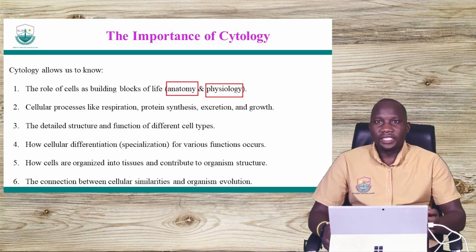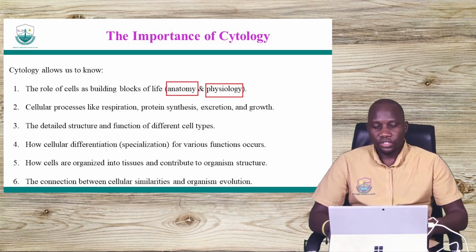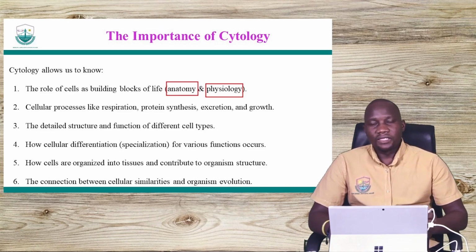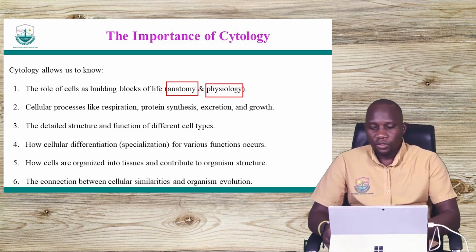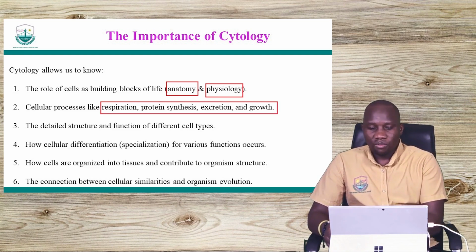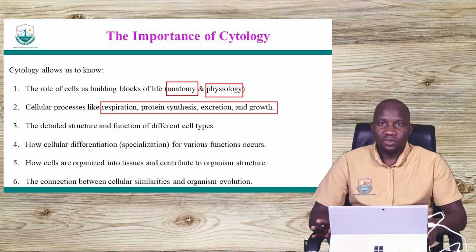Like I said, biological processes are quite many: irritability or coordination, homeostasis, excretion, nutrition, respiration, synthesis, and also breakdown of different biomolecules. Okay, so these are examples of biological processes. If we really understand how the cell works, we can know these processes properly.